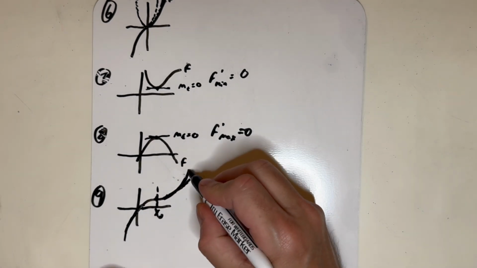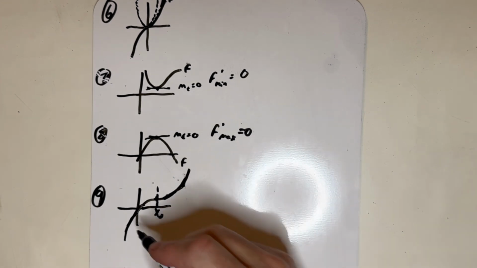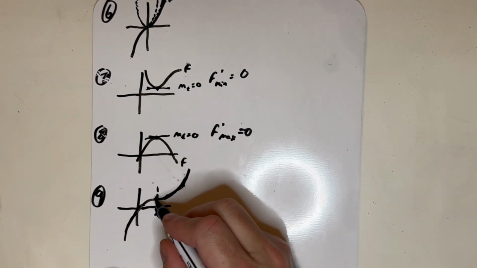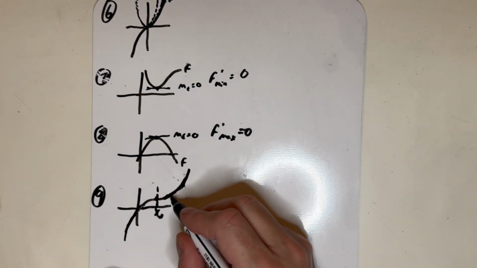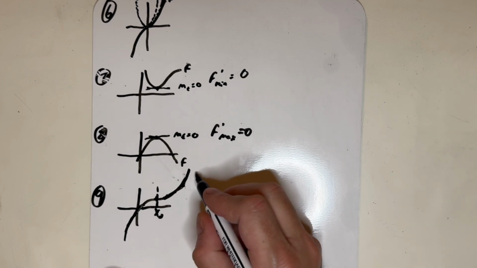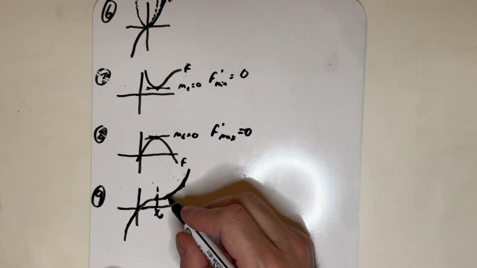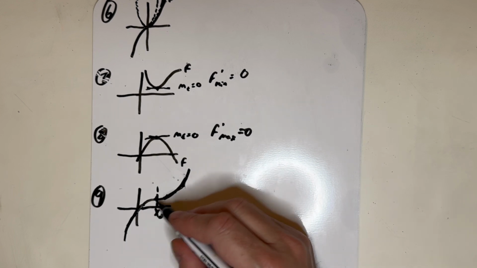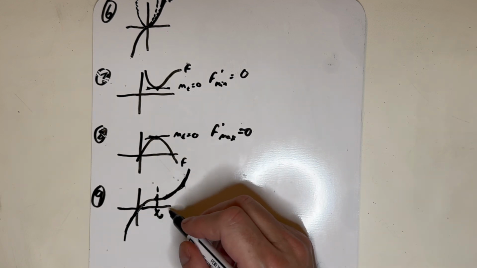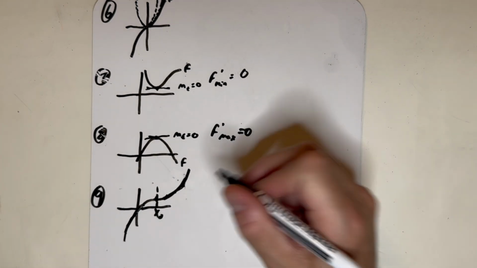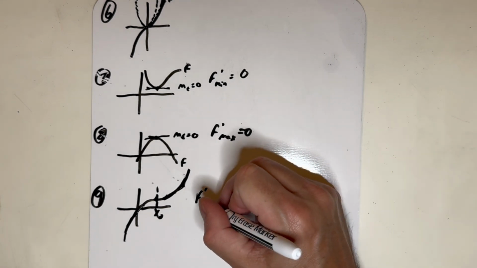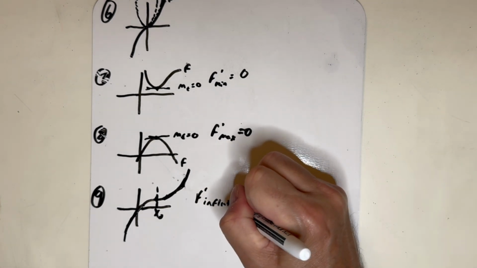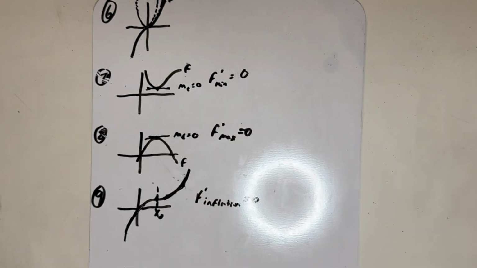So over here, it would look like this. On this side, we're decreasing our slope as we approach. And then we change directions again. Still positive slope. It was never a negative slope anywhere. But this act of changing back, this inflection point, is another place where the derivative, f prime, can be equal to 0.